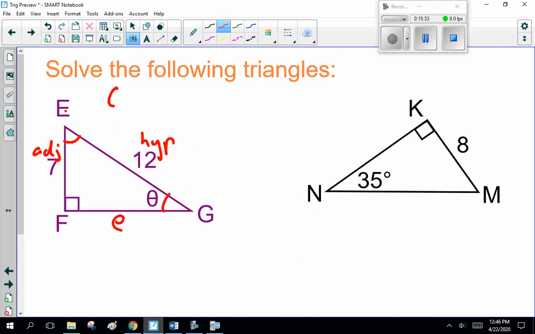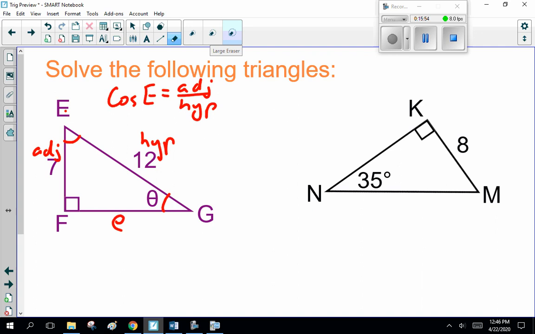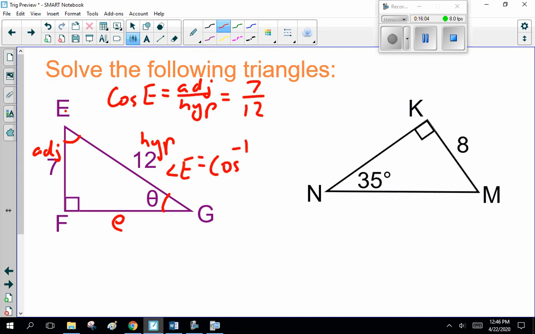So cos of E is adjacent over hypotenuse. Sorry, the adjacent is 7 and the hypotenuse is 12, so angle E is inverse cos, or cos to the minus 1, of 7 over 12, which is 54.3 degrees. Let's go to a decimal place.